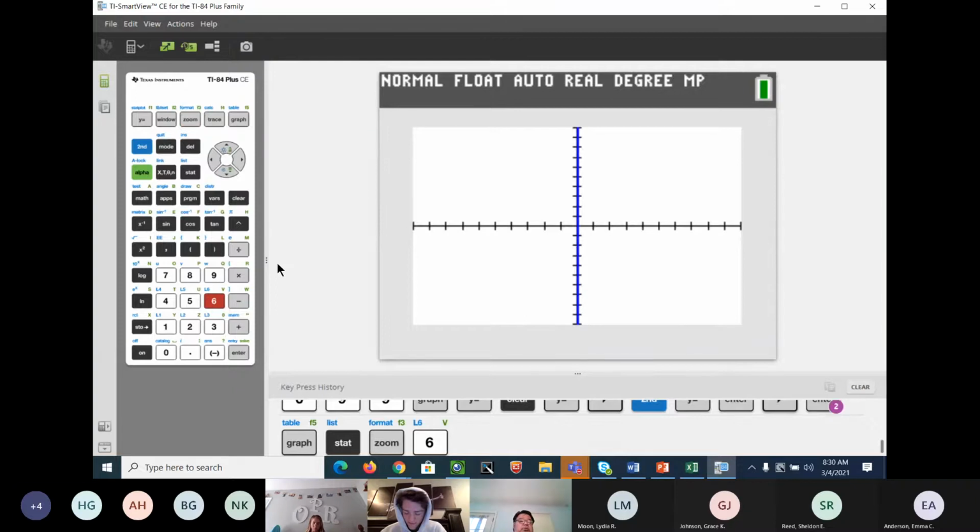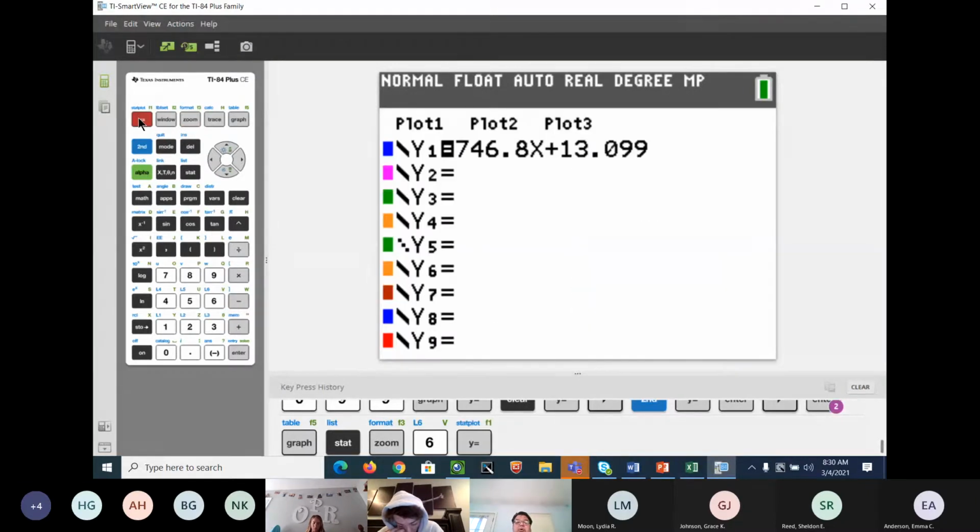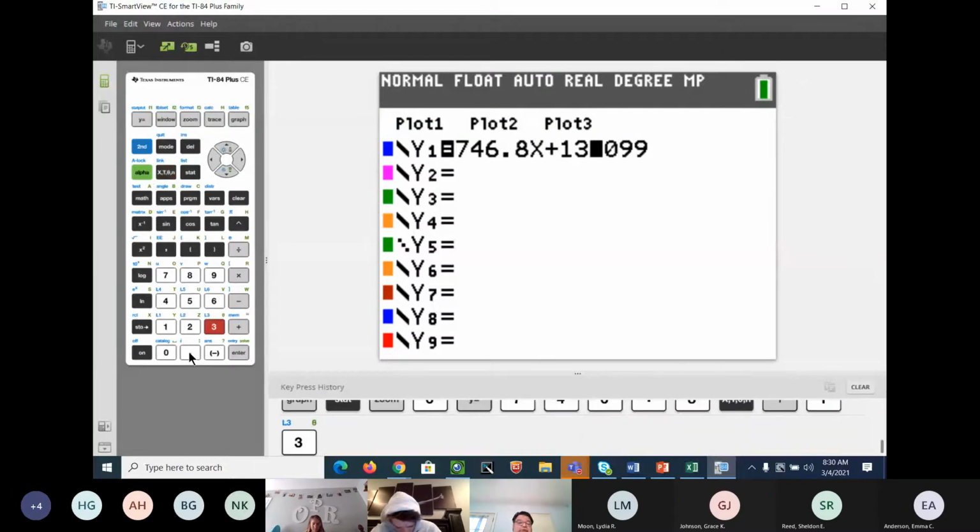That's not right. Okay, let's type it in again. 746.8x plus 13.099. And I should have a slanted line going across the y-axis at 13.